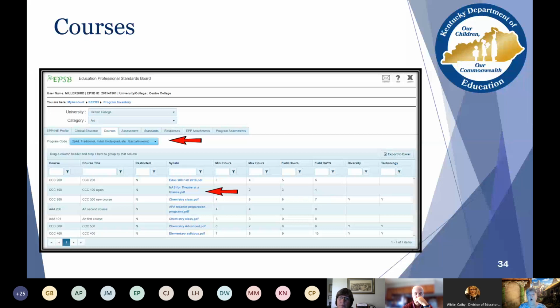The program code will be included in the email that is sent to you with the username and password, and it identifies the specific program attributes for the program that you're being asked to review. The majority of these programs will be initial teacher preparation programs.